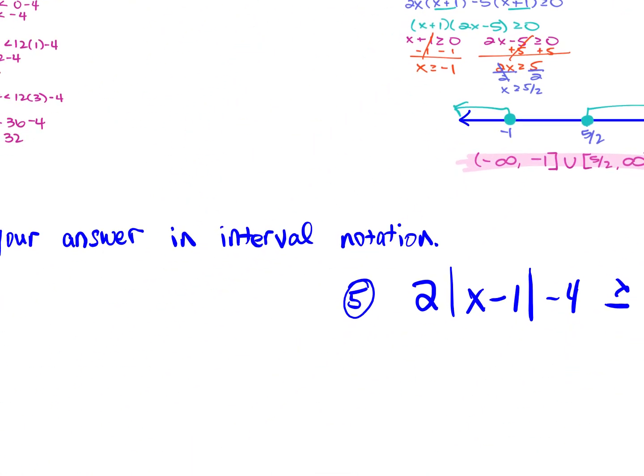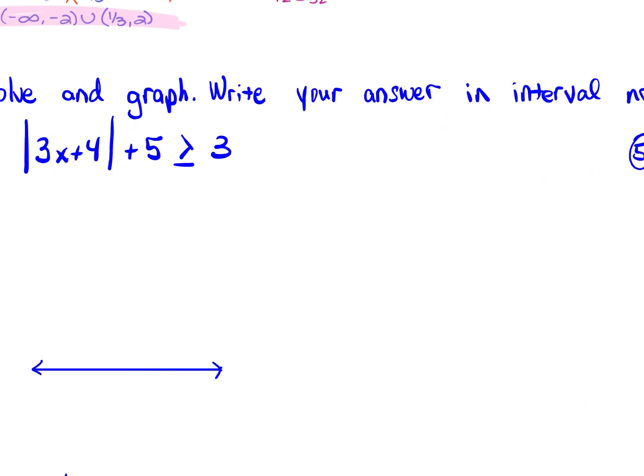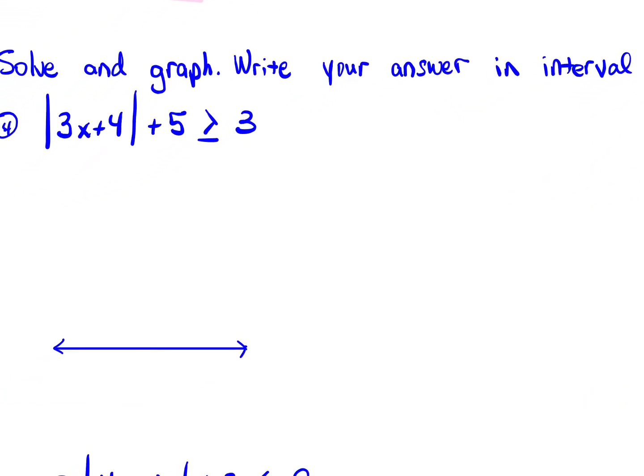For the next set of questions, you're working with absolute value. Remember with these, your absolute value cannot be less than or equal to, less than, or just equal to a negative number. For number 4, you have the absolute value of 3x plus 4, plus 5, is greater than or equal to 3.